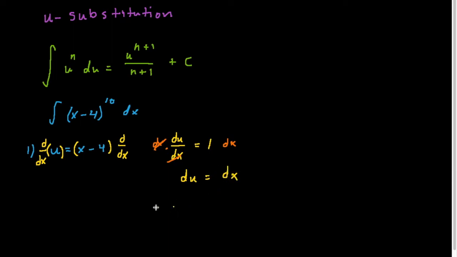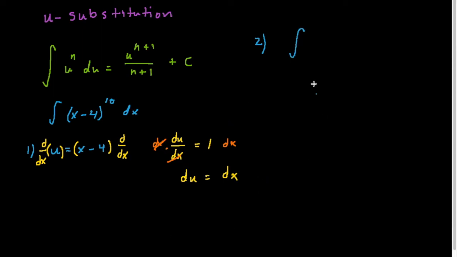So this was a lot of work, and it's not really clear why I'm doing this yet. But stay with me. After we do enough examples, I think this will make a lot of sense to you. So we have these two things. We know u is equal to x minus 4, and we know that du is equal to dx. So our second step is to actually substitute this back into the original problem.